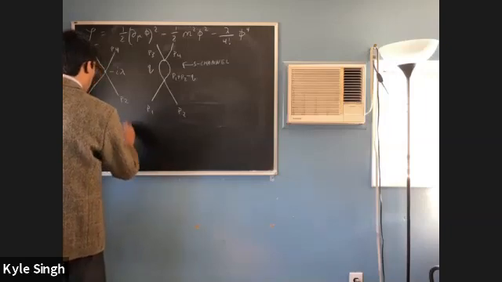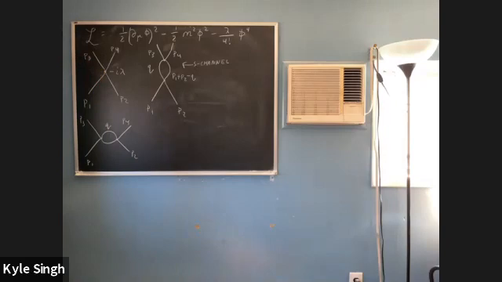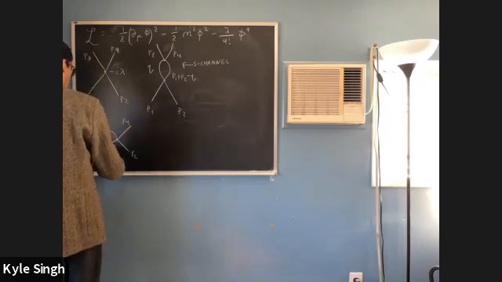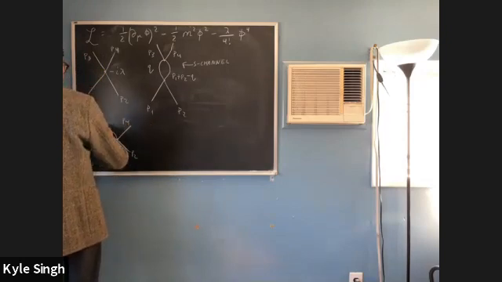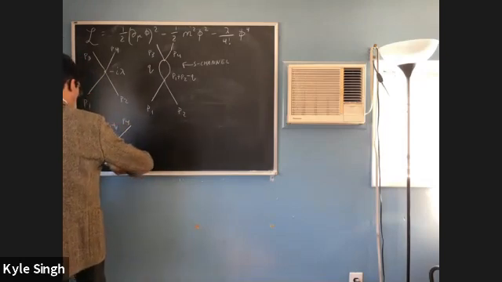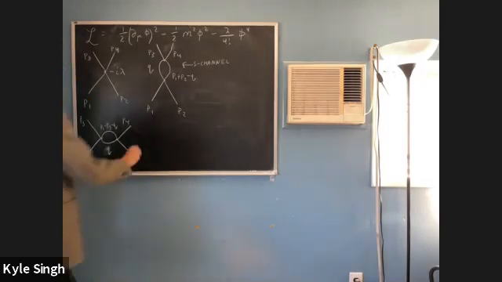So this is P2, this is P4. The internal line is still a Q, and we get, I'll do it like this, we get a Q, and we get P1 minus P3 minus Q in the internal line. And this is the T channel.